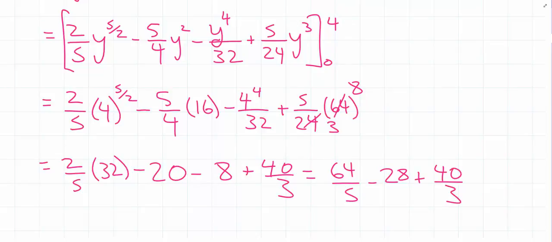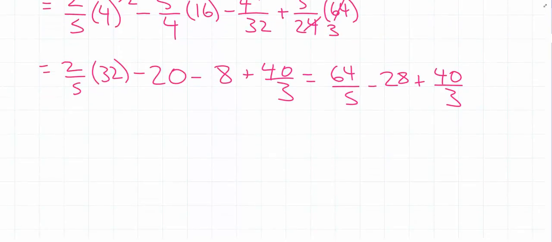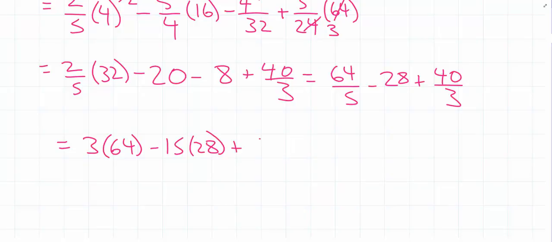Now it looks like my common denominator is 15. Once again. So let's see, hopefully we'll get what we're looking for here. So this is 3 times 64 minus 15 times 28 plus 5 times 40 over 15. Now what does that all turn out to be?